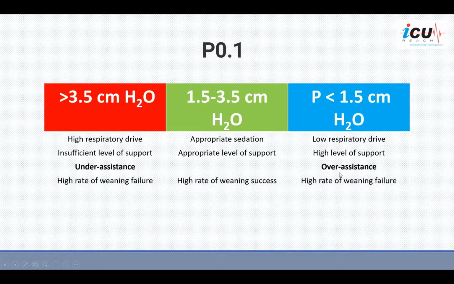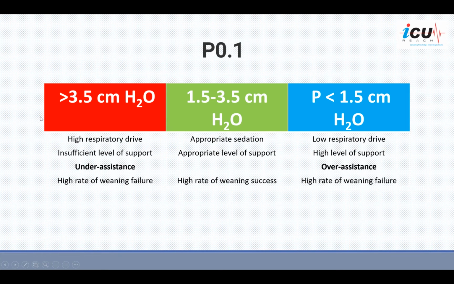It may also indicate that you're giving the patient a very high level of support. If the pressure support that you're giving the patient is too high, if you're doing the work for him, he doesn't have to do it. So that is the over assistance. And at the same time, if you have a patient who's on SBT, this would indicate a higher rate of weaning failure.